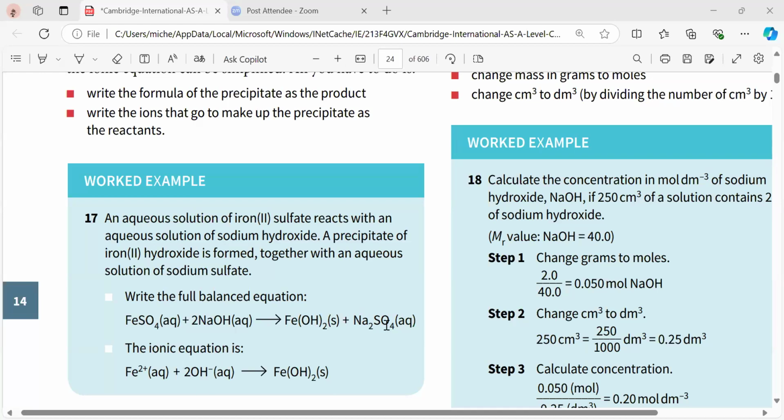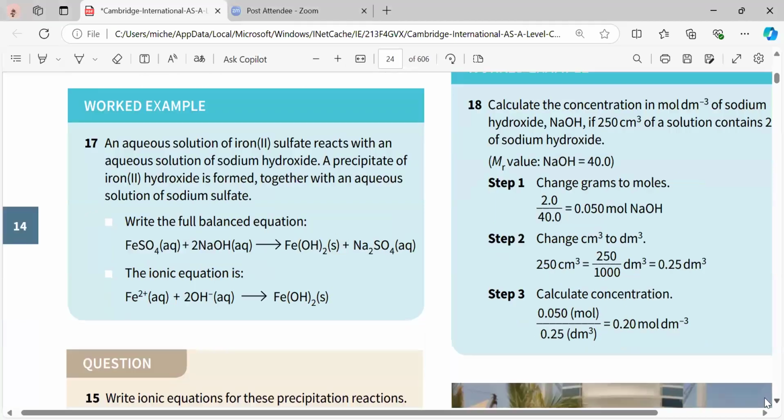And then the sulfate: I'm going to cross sulfate out here and sulfate here. So that's how we end up with Fe2+ plus 2OH minus, forming Fe(OH)2. That's basically how I end up with this, just by crossing out the aqueous species right here. Okay, so I hope you can understand.